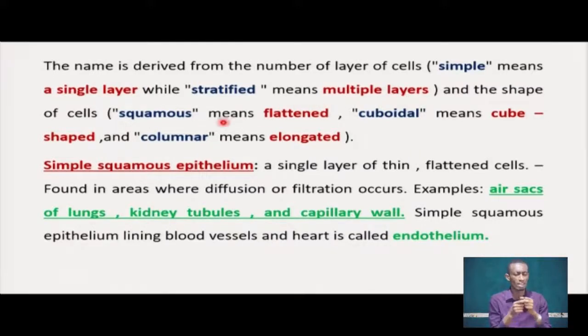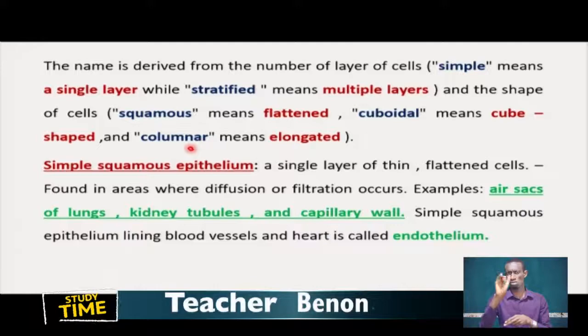And then when it comes to the shape of cells which make these tissues, we have the term squamous. Squamous means flattened. That means cells will be flat. When we talk about cuboidal, it means cube-shaped. The cells will have the shape of a cube. Then when we talk about columnar, that means elongated.